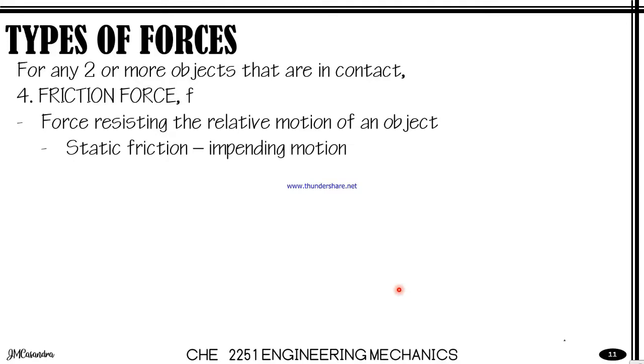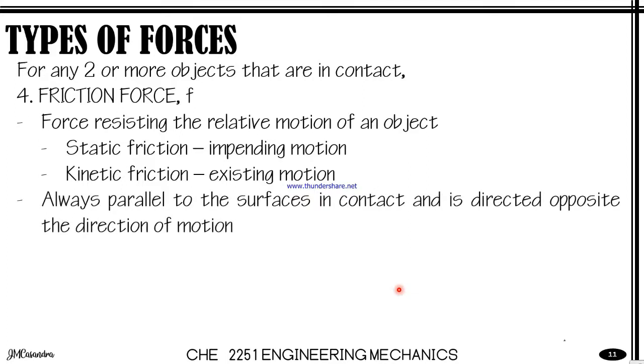We have two types of friction force: static friction, which is the force that would resist the impending or the starting motion of objects, and kinetic friction, which resists the existing motion, or the motion after the object has started its motion.